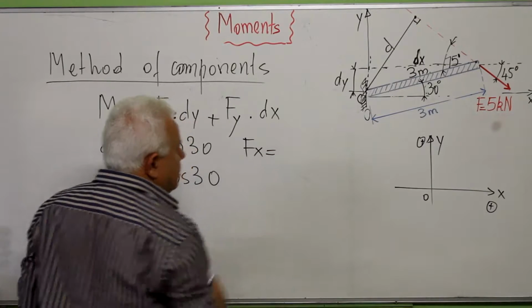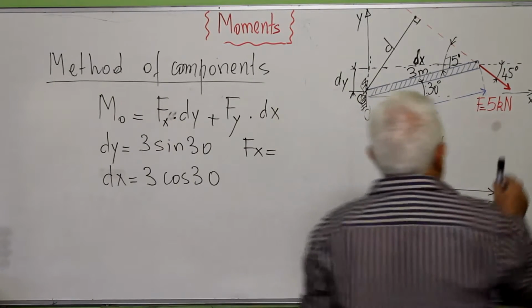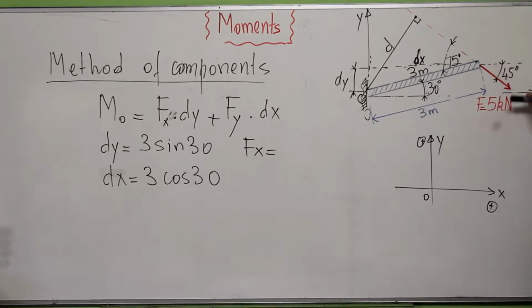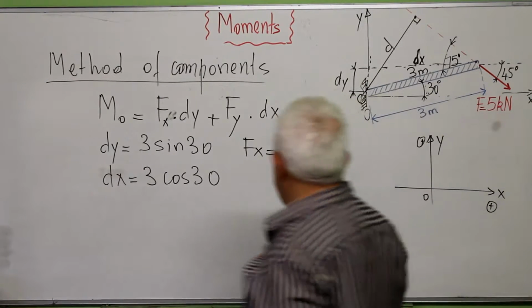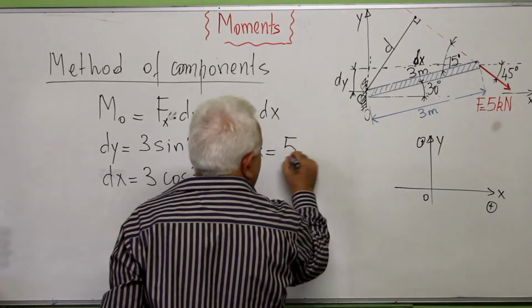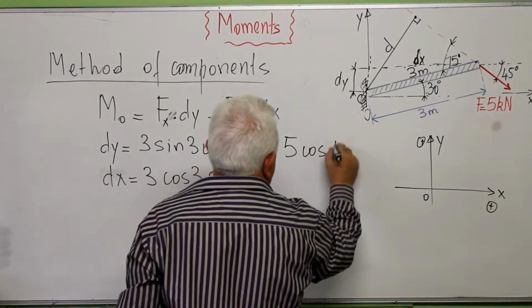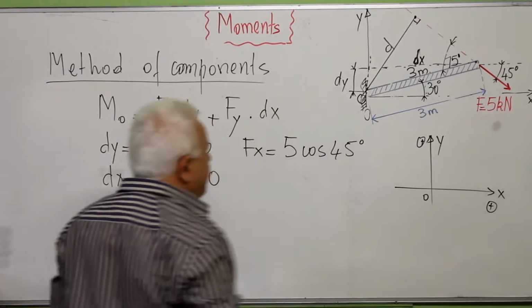Fx is the component along the horizontal axis, which is 5 cosine 45 degrees.